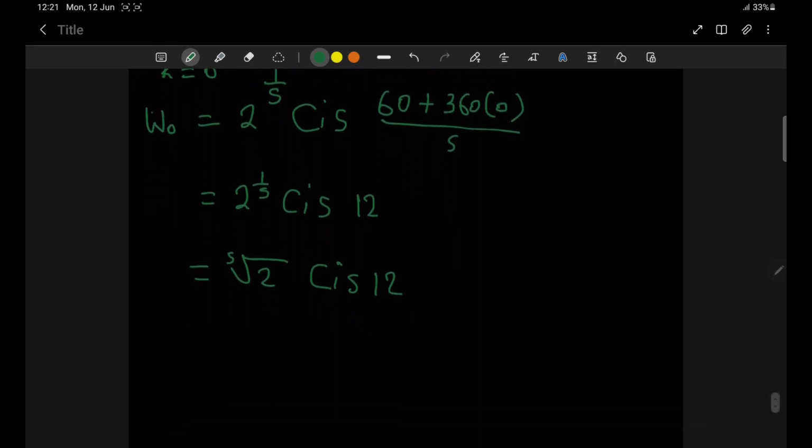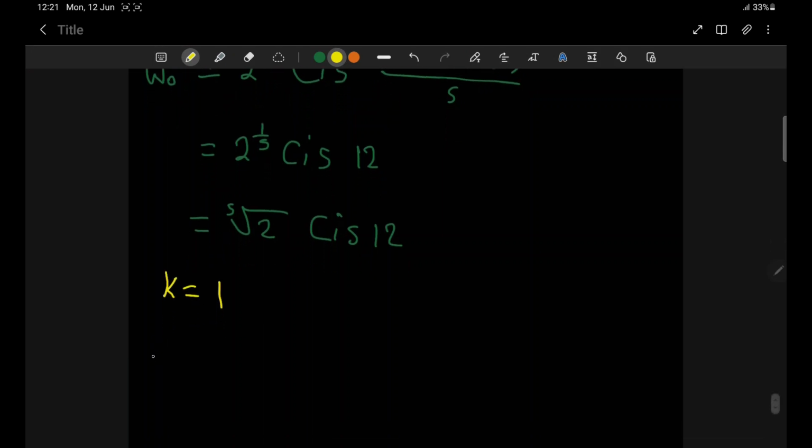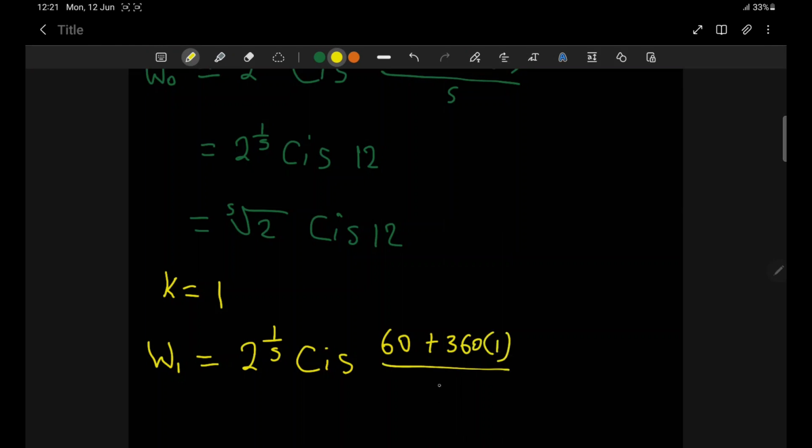Then we can also now look for the other one. So for k is equal to 1. Replacing in the formula, we'll have w of 1 is equal to 2 raised to 1 over 5, cis of our angle, 60 plus 360 multiplied by 1 over 5.